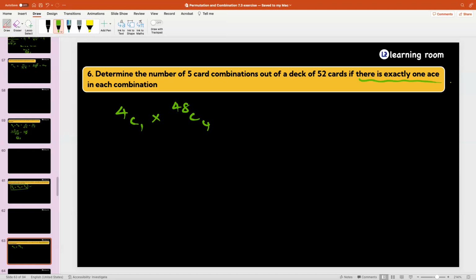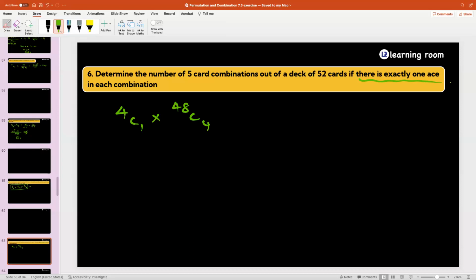Yes, sir. But the question asks the number of 5 card combinations, sir. It is not necessary, in that 5 card combination, this condition is imposed. You need not do that at all. So if you have written plus 52C5, you're wrong. No, not plus, sir. Multiplied by 48C4.